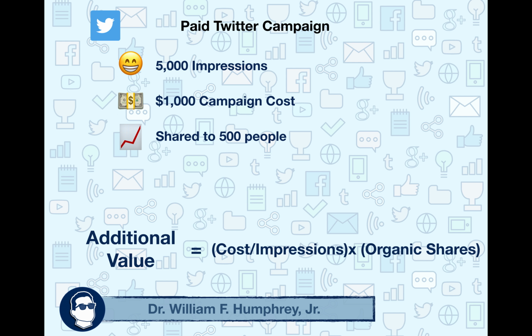So the additional value would be what you just calculated, the cost per impression times the number of organic shares. So we know that there was 0.2 cost per impression, 500 organic shares, or you got $100 value. Now, why is this relevant? Because this is another element that you could add into a return on investment calculation.